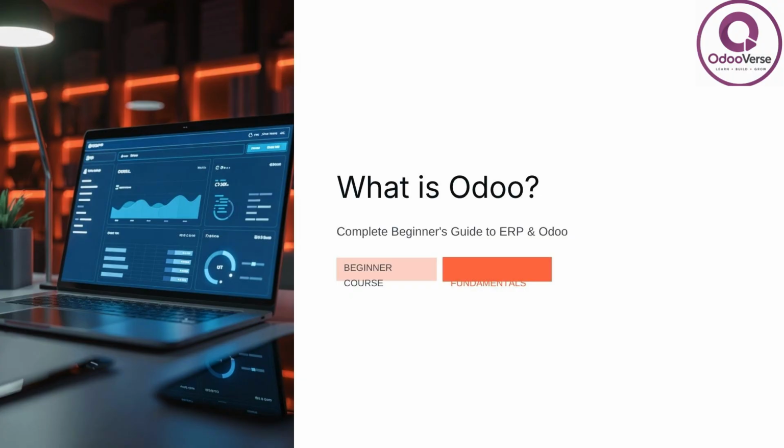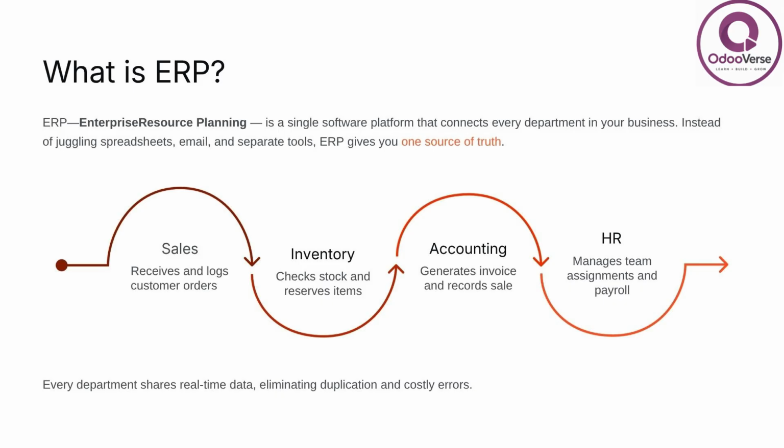Now, before understanding Odoo deeply, we first need to understand ERP. So let's move to the next slide. Now let's understand ERP. ERP stands for Enterprise Resource Planning. In simple words, ERP is a single software system that connects every department inside a business. For example, when a customer places an order, the sales department receives the order.